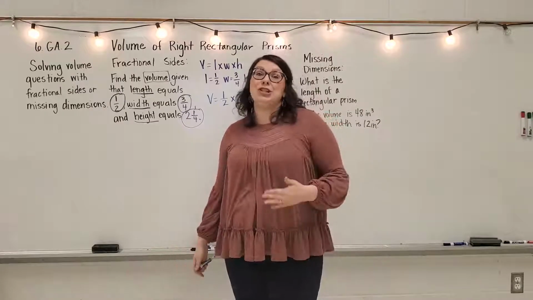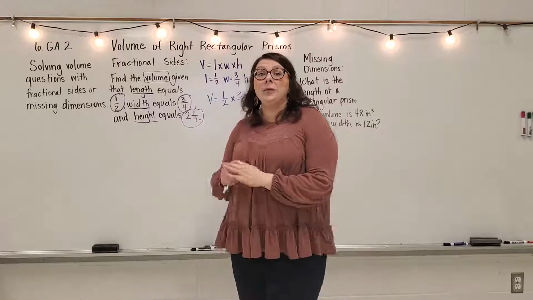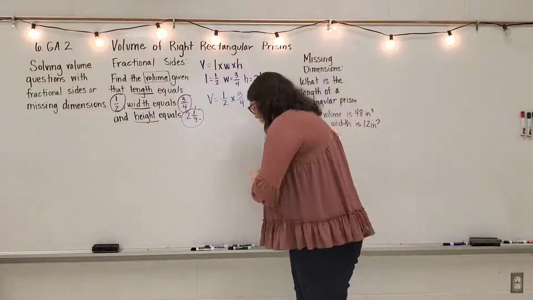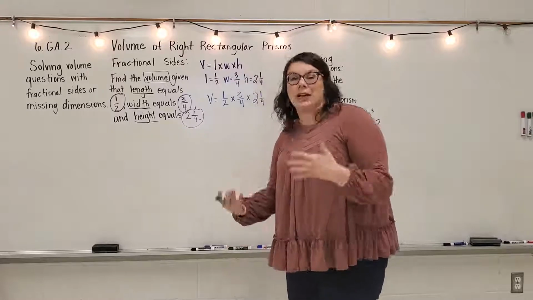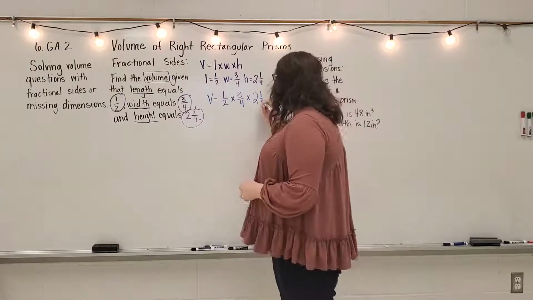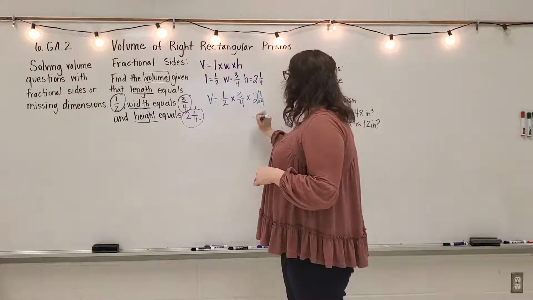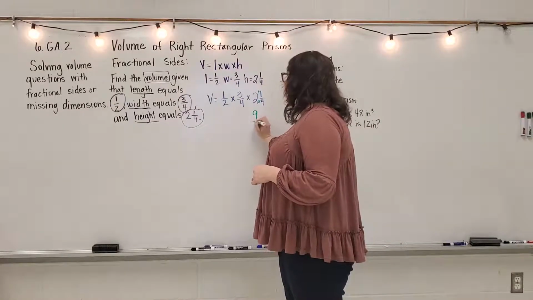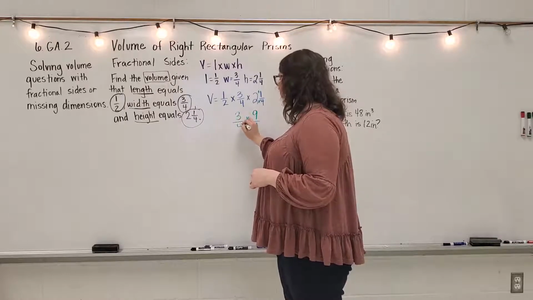So in order to just have a numerator and a denominator and not have a whole number, I'm going to convert this mixed number back into an improper fraction so that I can use it, all right? So I'm going to say 2 times 4 is 8, plus 1 more is 9. And that is something that you learned in fifth grade.